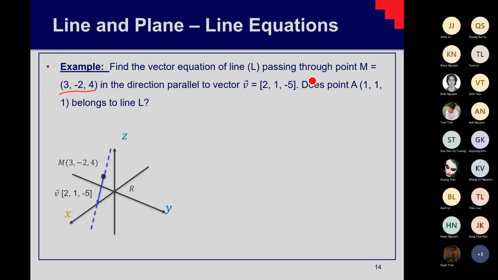So how should we do this? How should we work with this problem? Remember the equation that we have. So r vector equals r0 vector plus t times v vector. We already have one point, and that is r0. We can determine r0, and we already have v.